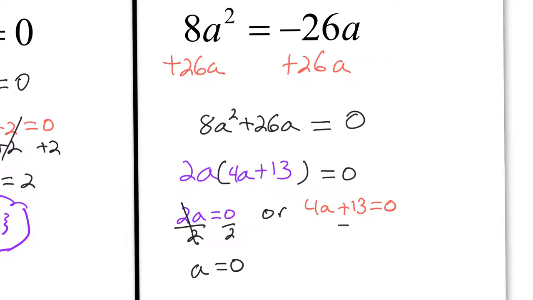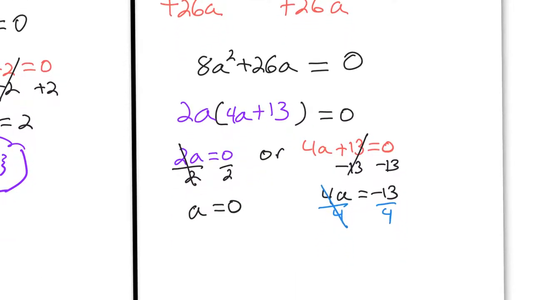You are going to subtract 13 from both sides, cancels, 4a equals negative 13. You are going to divide by 4, turns into 1, so we have a equals negative 13 over 4.